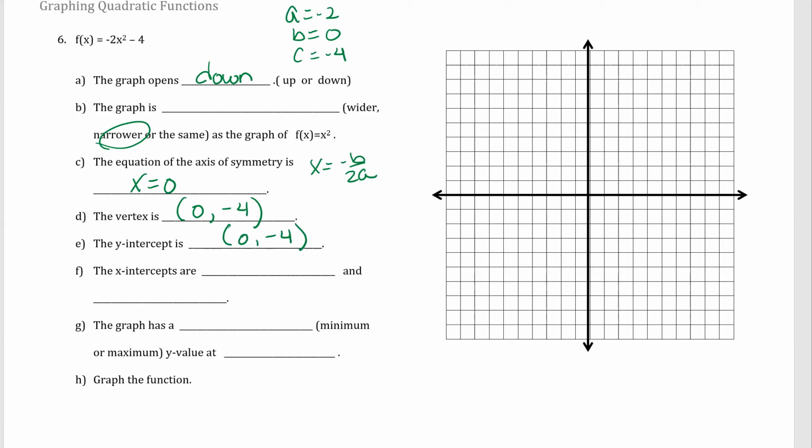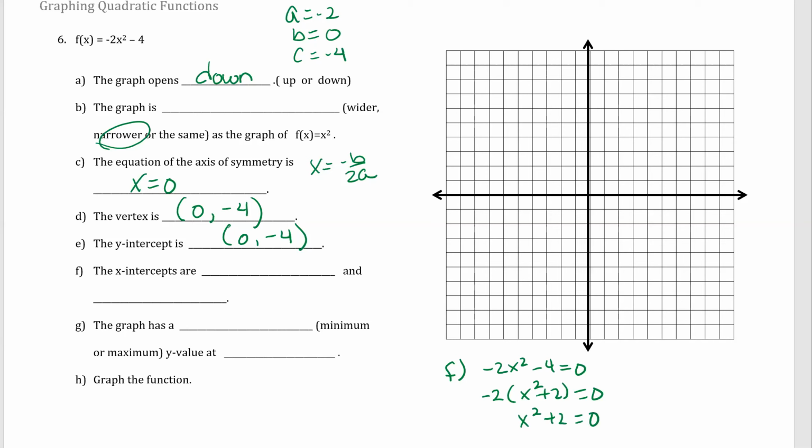To find an x-intercept, we're going to set our function equal to 0. And then if we divide both sides by 2, we have x squared plus 2 equals 0.